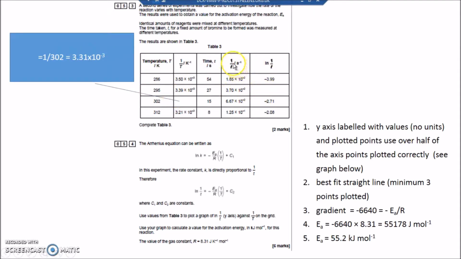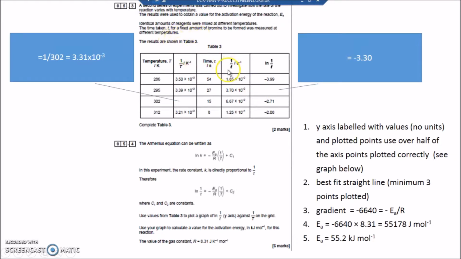For this one here, it's got 1 divided by t, and so here I need to do ln 1 over t, so the natural log of 3.7 times 10 to the minus 2, and it comes out as minus 3.30.